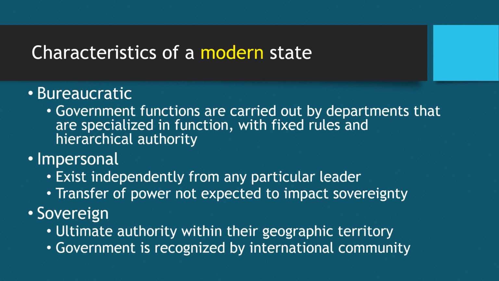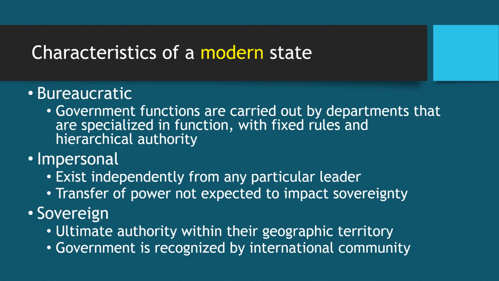But for now, we'll just assume that when we talk about a modern state, we're talking about the kinds of governments that appeared sometime in the late 1700s, beginning of the 1800s. And Weber talks about the characteristics of a modern state. What makes a modern state?